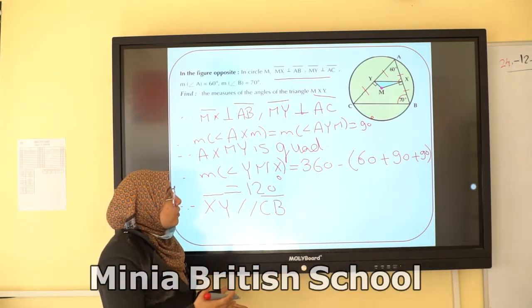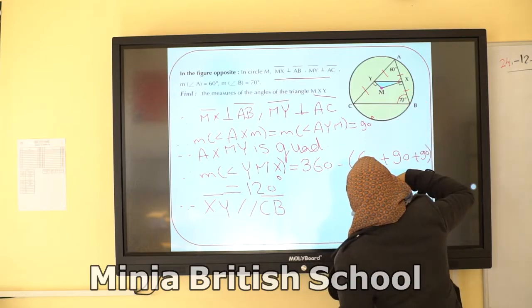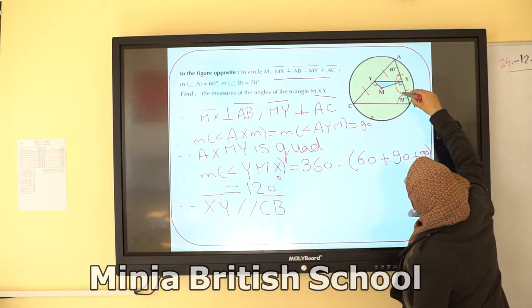Therefore, the measure of angle B equals the measure of angle AXY, corresponding angles. And also we know the measure of angle AXB equals 180 because it's a straight line.